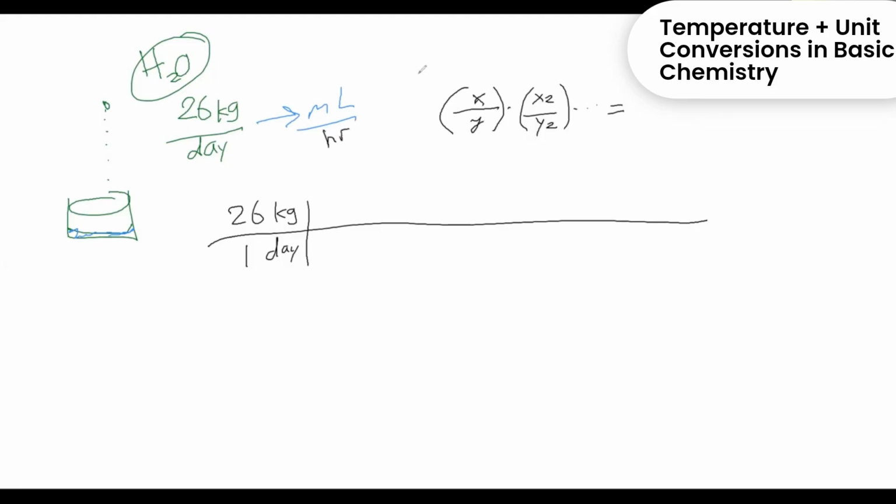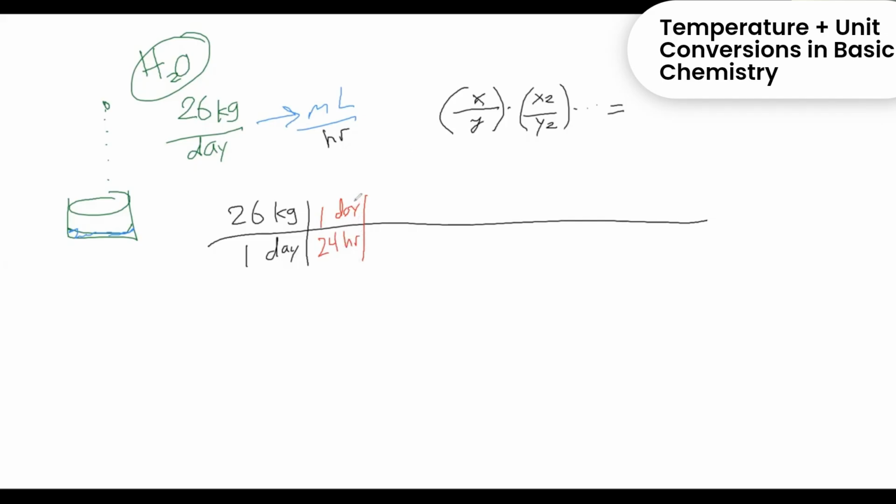Milliliters per hour. All right, so I want to get days to hours, so that's pretty easy. I know that for every 1 day, I have 24 hours approximately, right? That's my definition. 24 hours actually fully in a day.